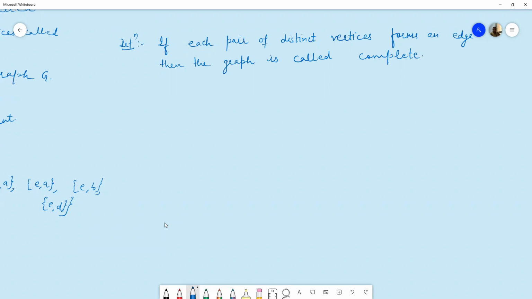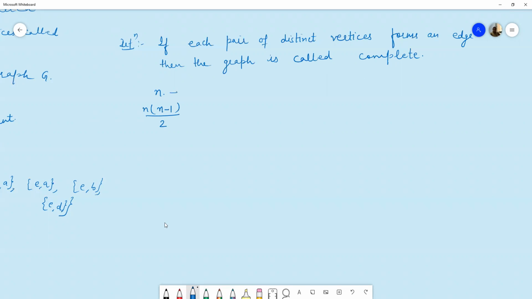So if we take a graph of order n, means it has n different vertices, then every vertex is adjacent to every other vertex. So every vertex has n minus 1 edges connected to it. So the total number of edges in this graph will be n into n minus 1 by 2, because every vertex has n minus 1 edges adjacent to it, and we have total n vertices, but we know one edge is adjacent to two different vertices, so it will be divided by 2.